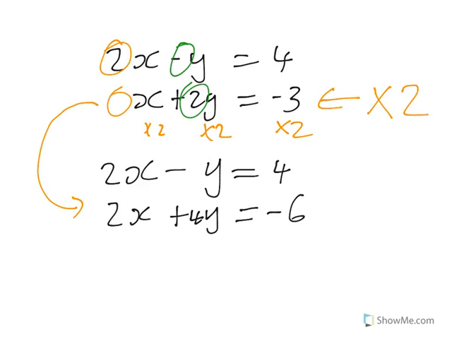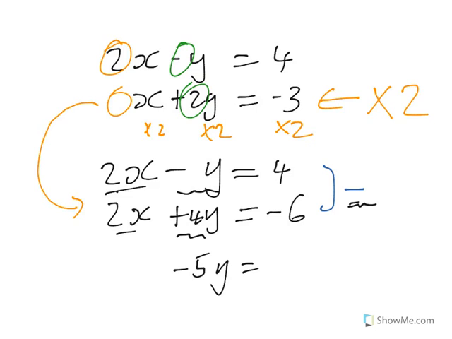Now we're going to eliminate, and in this case we're eliminating the x. We've got 2x and 2x, so to eliminate we need to take away. 2x minus 2x is 0 lots of x. Then we've got minus y minus 4y, so that would be minus 5y.